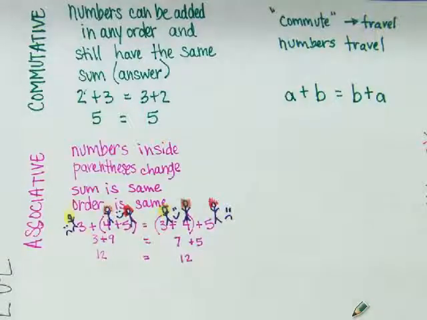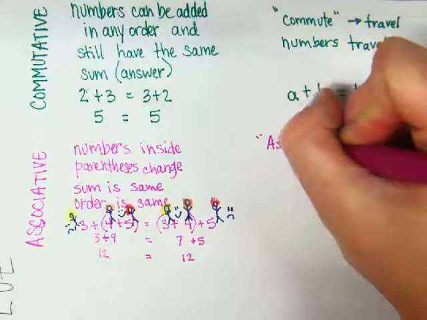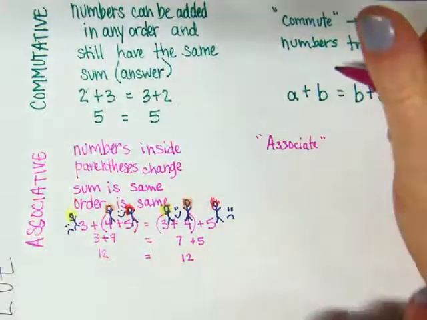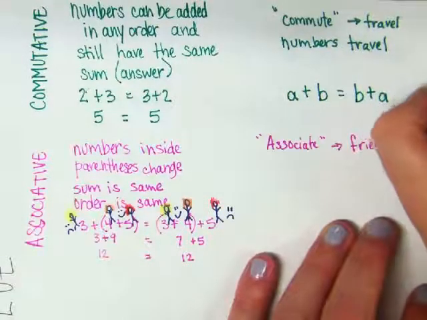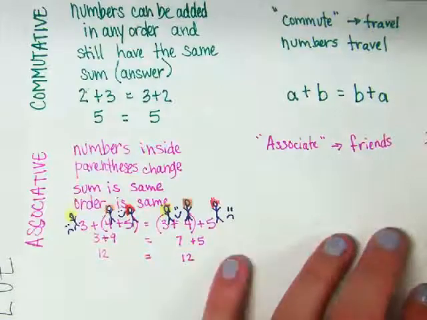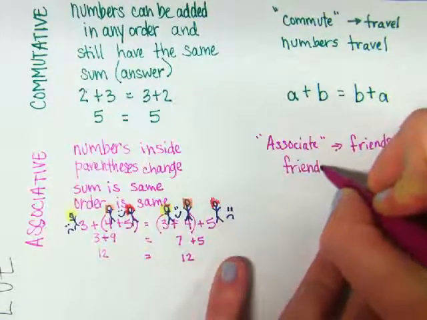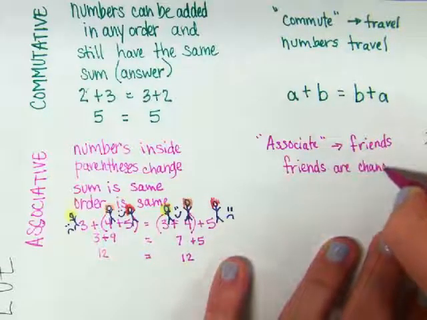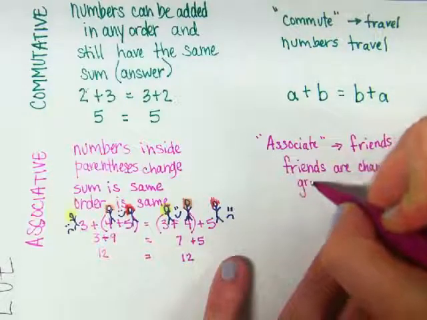So the root word here is associate. With whom do you associate? Your friends? And your friends change. You change who your friends are sometimes. Who is in that group of friends?